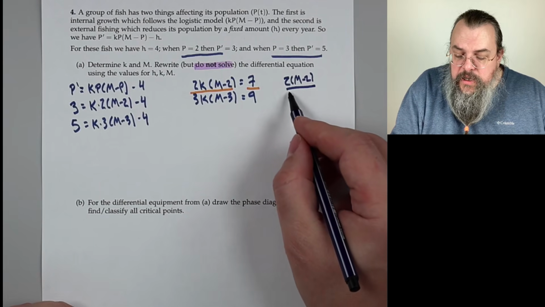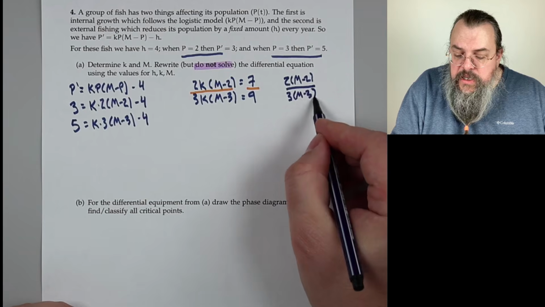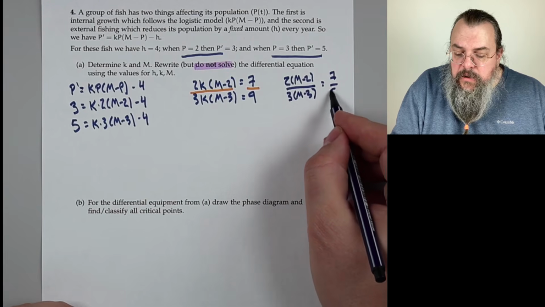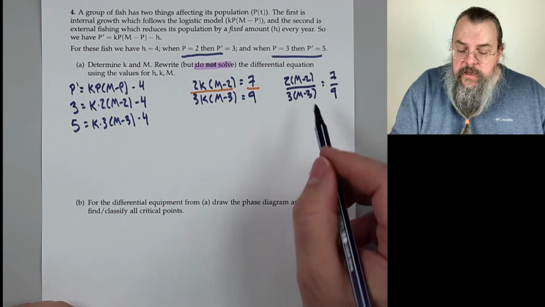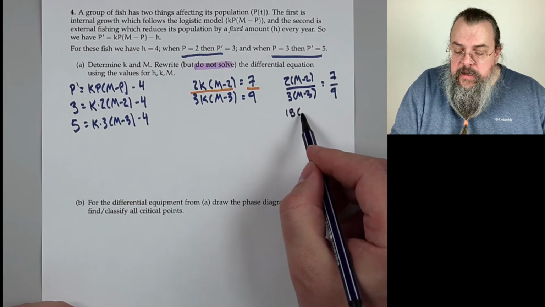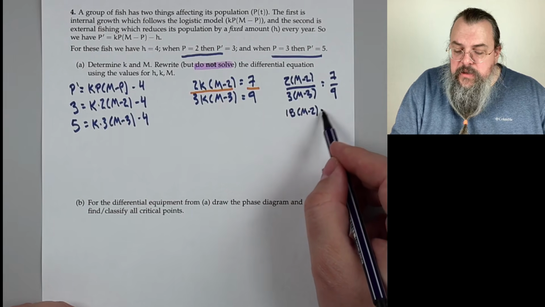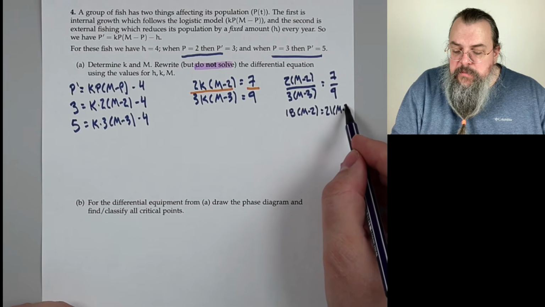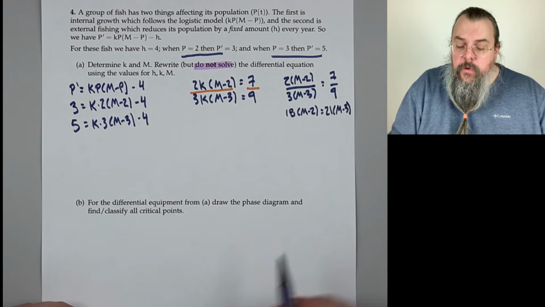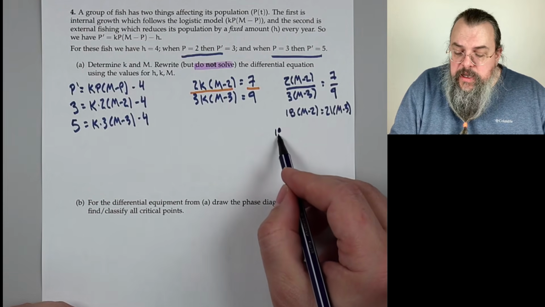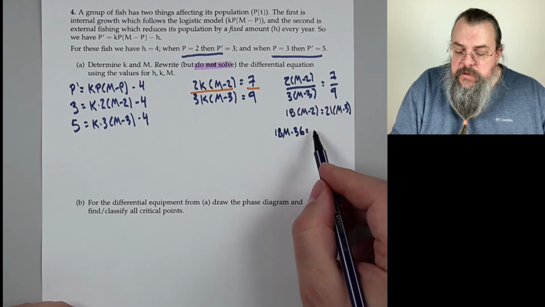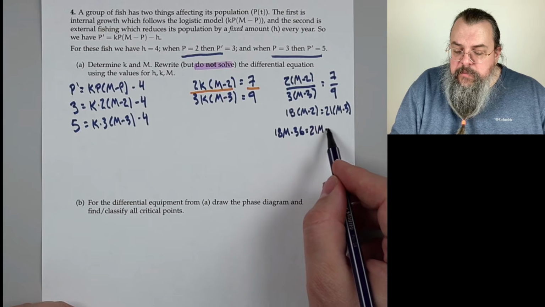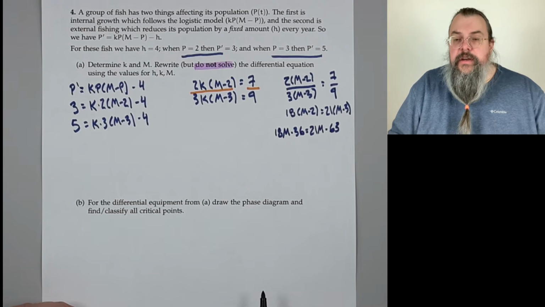So, okay, if we divide, we can say, oh, that really says 2 times m minus 2 over 3 times m minus 3 is equal to 7 over 9. Well, cross multiply. 18 times m minus 2 is 21 times m minus 3, or 18m minus 36 is equal to 21m minus 63.